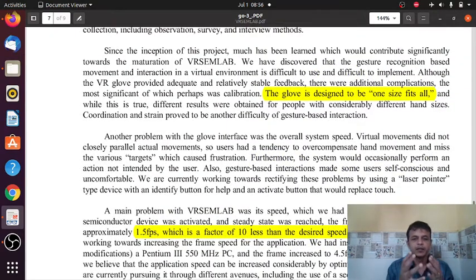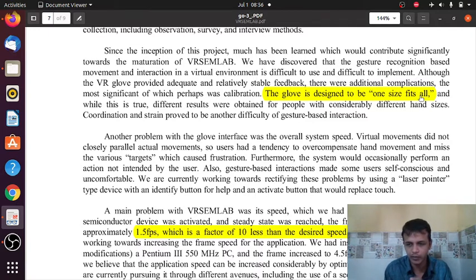The thing is, the VR glove they used was a one size fits all type, so the hands of different users may vary in size. If this happens, it raises the difficulty of finding the coordination of hand avatars in the virtual environment.